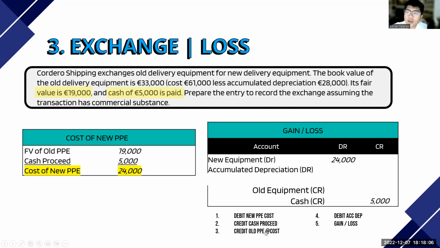And then, we credit the old PPE at cost. So, it's 61,000. And then, debit the accumulated depreciation, which is 28,000. Right? So meron pa tayong butas of 14,000. And that is kulang of 14,000 debit. So pag debit, expense. Pag debit, loss. So therefore, it's a loss on disposal of 14,000.